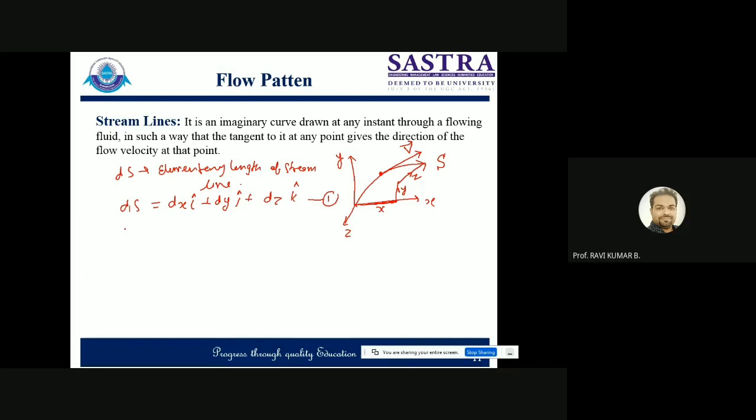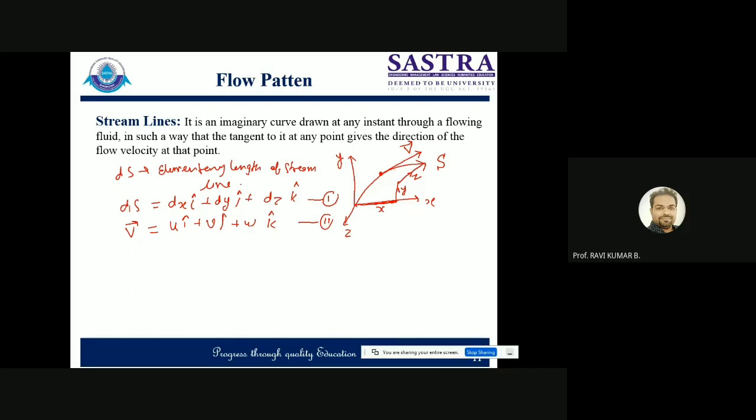And the velocity vector, if you are representing, this is well known: ui, vj, and wk. This is the resultant velocity vector which is given by this equation. So now, the definition says that we are drawing a tangent over it, which is showing the resultant velocity of the flow.